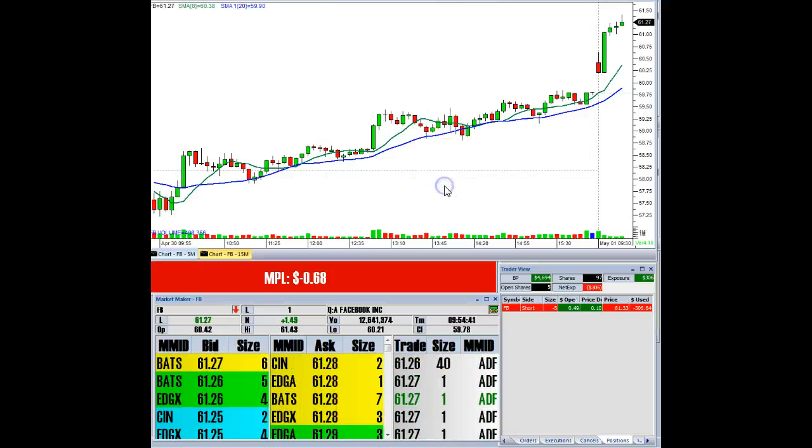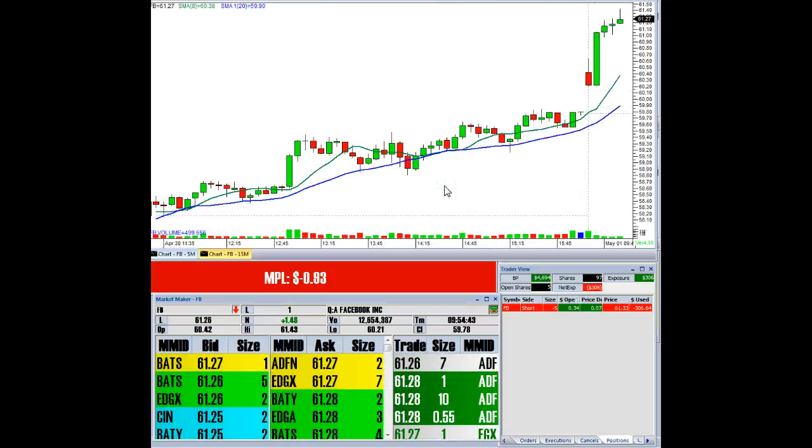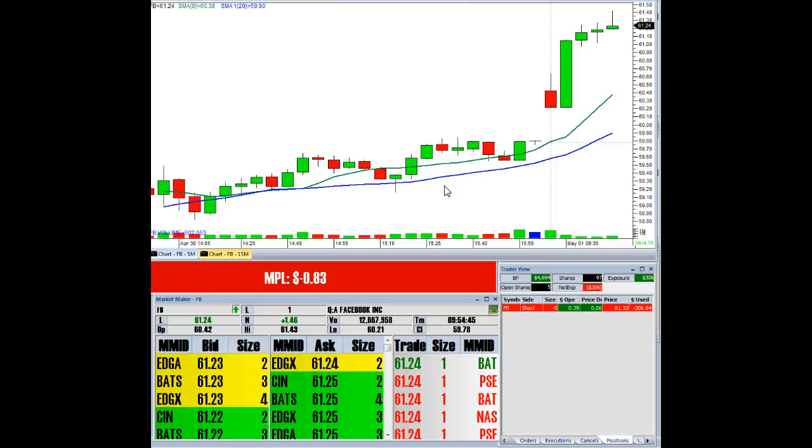Facebook, we'll zoom in a little bit here. So you see Facebook went up, went up, went up. Now it got all the way up into that high, into the 6140, and now it's pulling back.